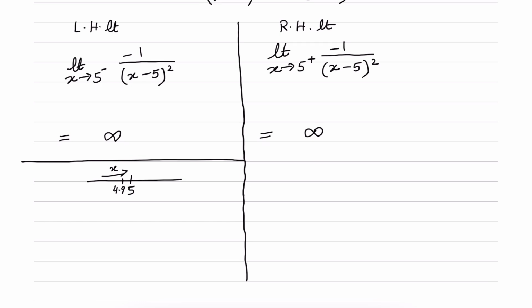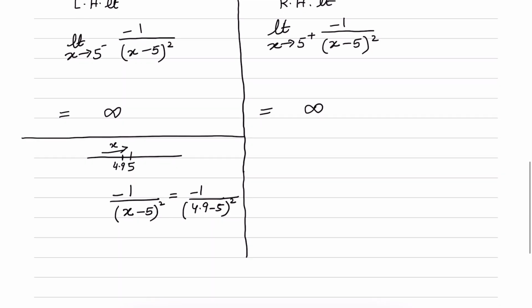The function here is minus 1 over (x minus 5) whole square. So when we put x equal to 4.9 in this function, we get minus 1 over (4.9 minus 5) whole square. Now we don't need the answer of this term.